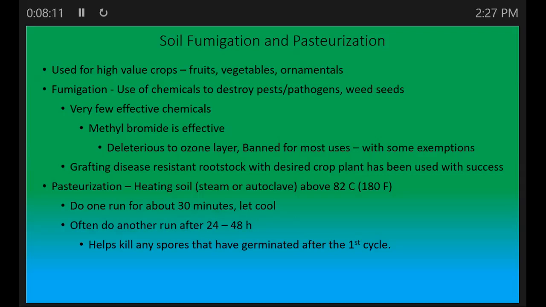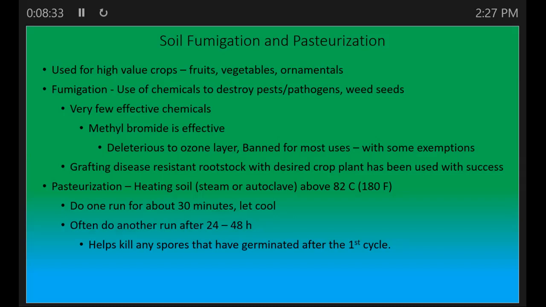So methyl bromide has been banned for most plants, but unfortunately there's still some exemptions. They've turned actually to grafting. I thought that was interesting that they're getting into grafting as a way to deal with some of the issues with certain pests and pathogens with the phasing out.